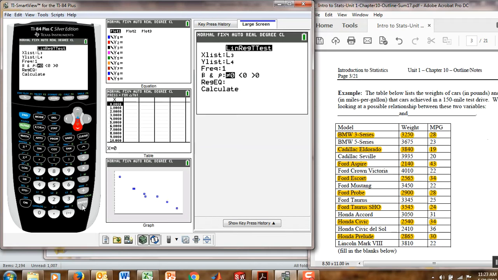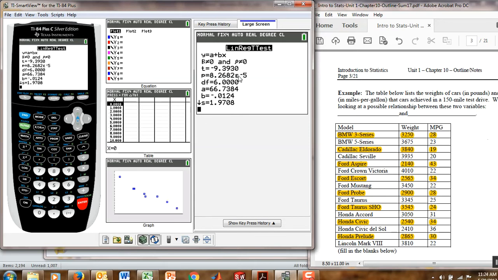When we calculate, it will give us data about how good of a line we have. It's telling us that it's going to give us information about the line y equals a plus bx, a being the y-intercept and b being the slope. One of the values we're going to look at a little bit is the p.